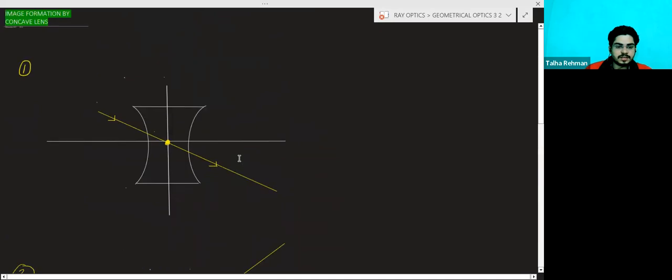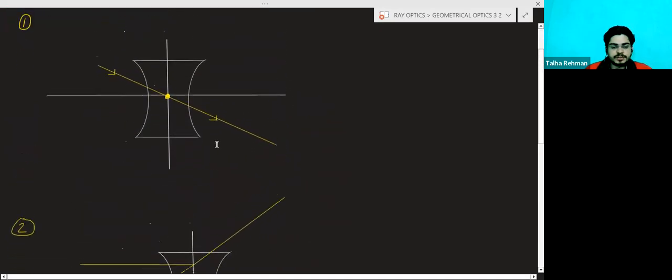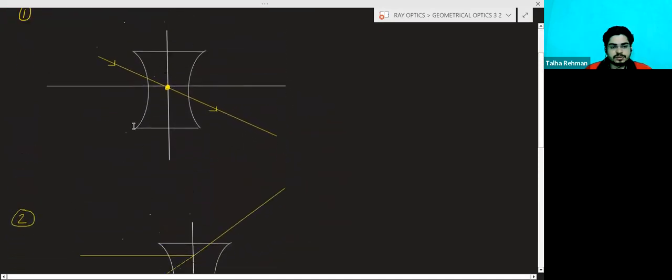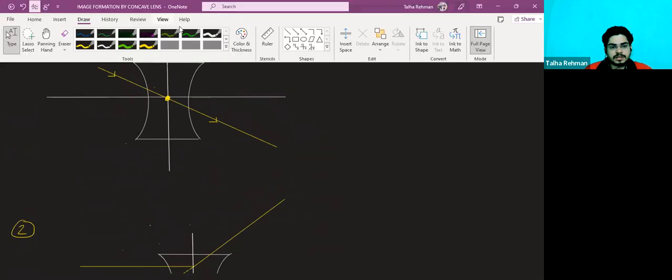So these are the three rules for the image formation. Basically, we will use the first two rules. So please write down.